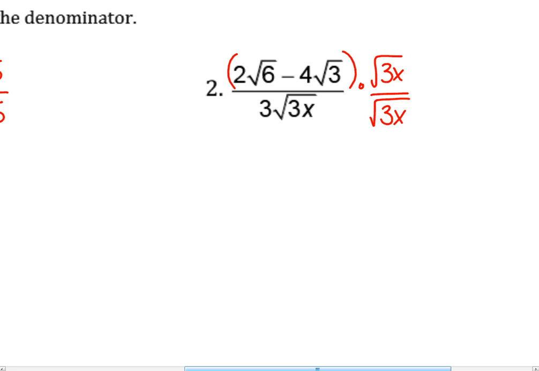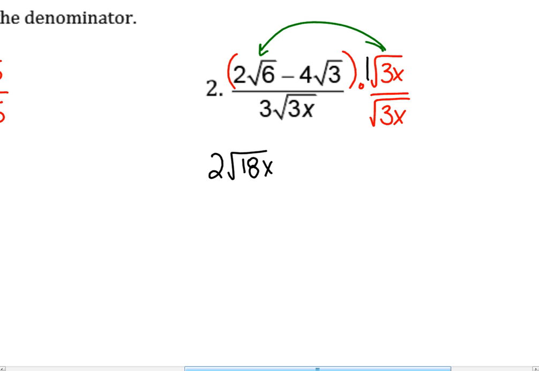I'll add the brackets there. Okay, so 2 root 6 times root 3x. Coefficient's a 1 if you don't see it, right? 2 times 1 is 2. 2 root 18x. We'll worry about simplifying later.